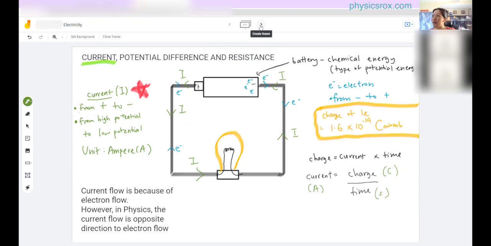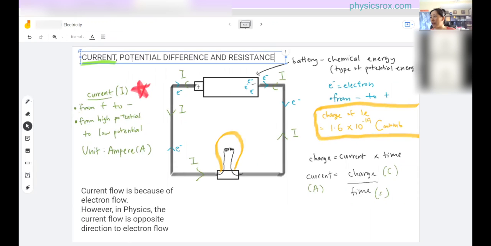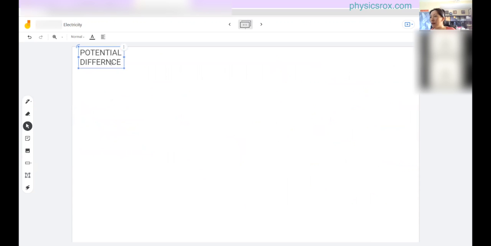Okay, next, let's talk about potential difference. So I'm going to focus on potential difference now. Maybe I better change the title here, otherwise it looks like it's discussing everything. Actually, I was just discussing current. So this one now is potential difference. Now, potential difference is a type of voltage. You've learned voltage before?